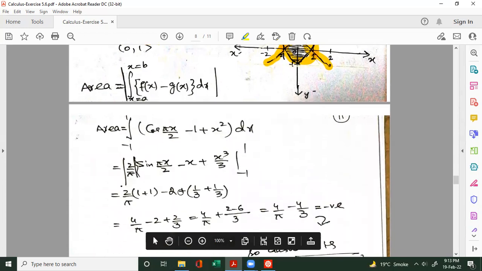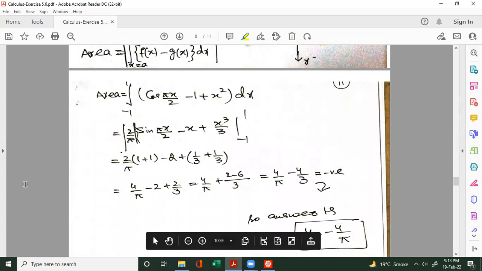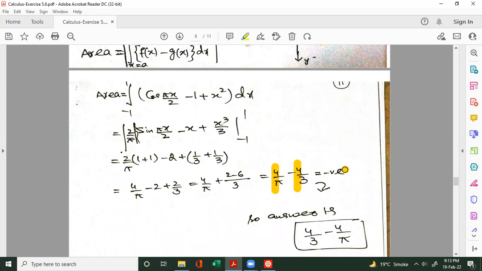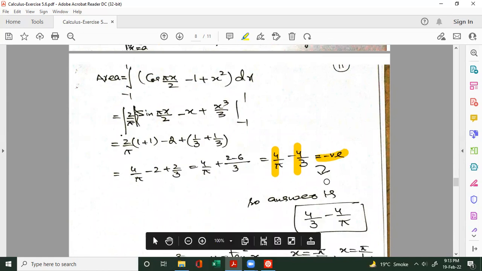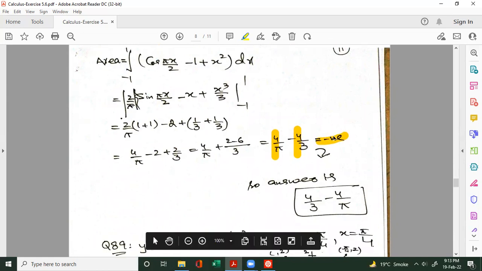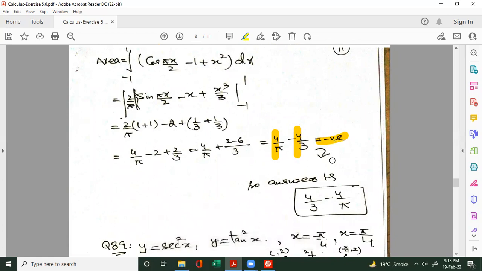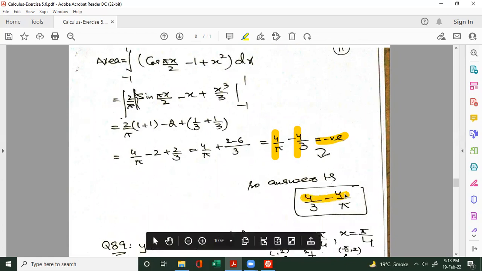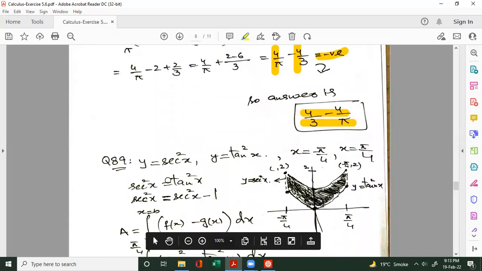So after careful integration, you do the calculations. My answer is 4 over pi minus 4 over 3. But as I computed it, my answer is negative, and note that area is always positive. So I ignore the negative sign and just revert the sign, and my actual answer will be 4 over 3 minus 4 over pi.